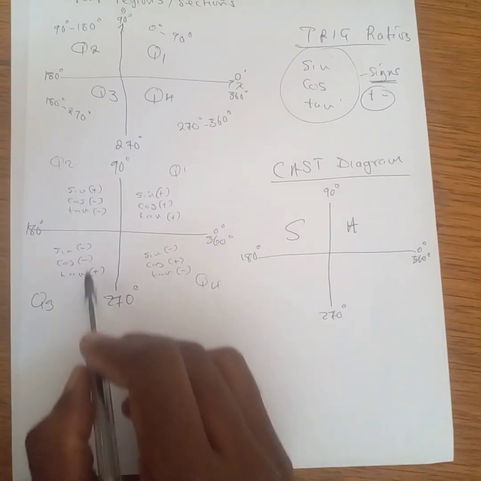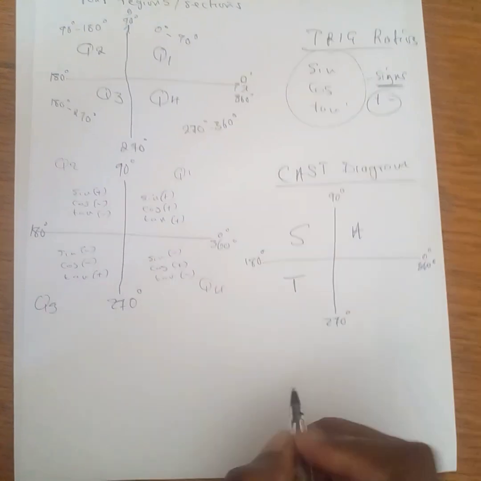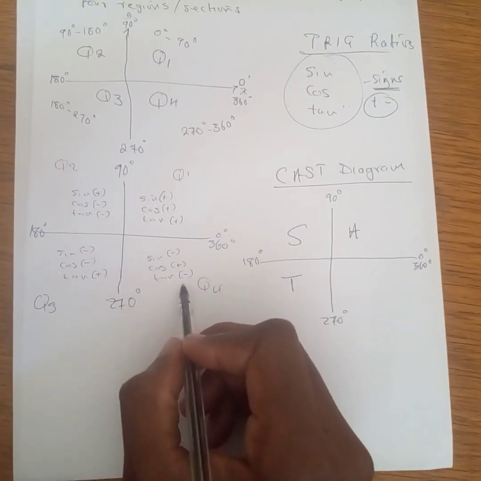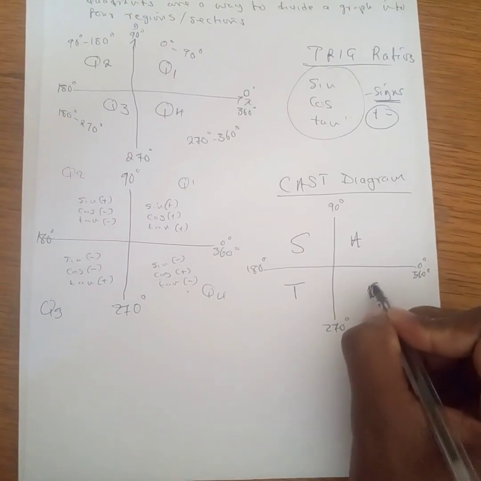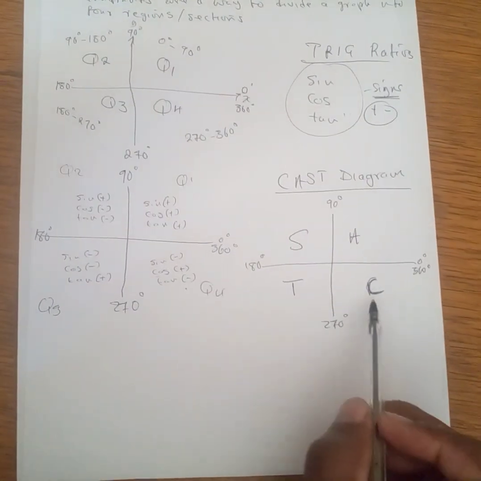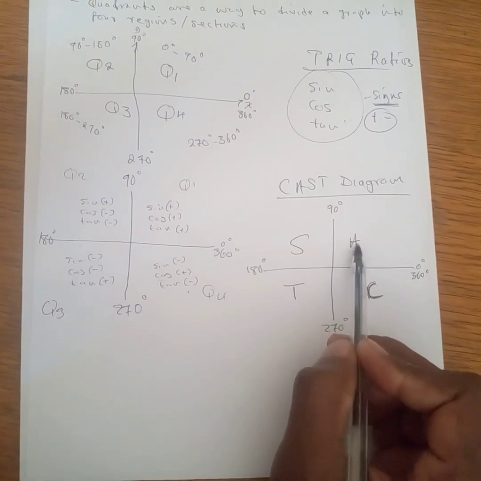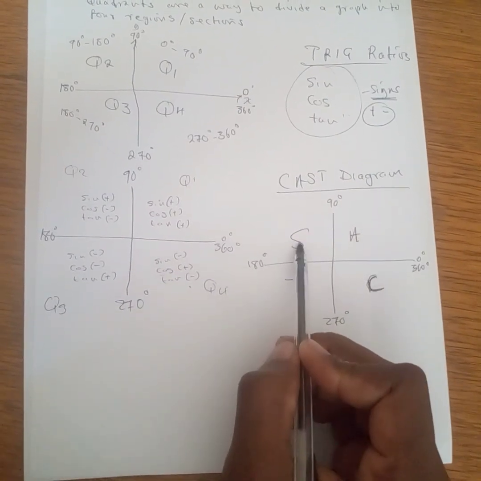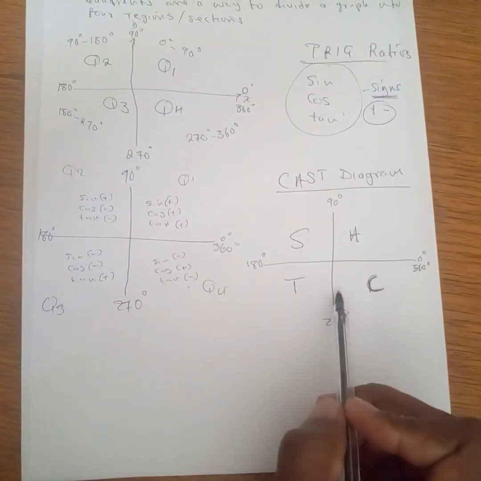In the third quadrant, which ratio is positive? It is the tan. So we write capital letter T. Then in the fourth quadrant, which ratio is positive? It's the cos. So we write C there to identify that C is positive. All ratios are positive, sine is positive, tan is positive. So this makes a cast diagram.